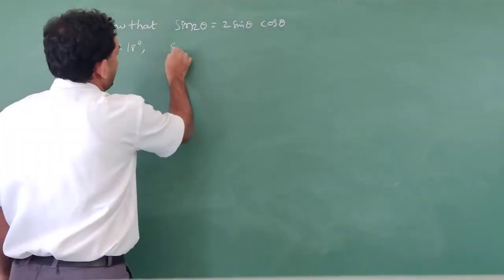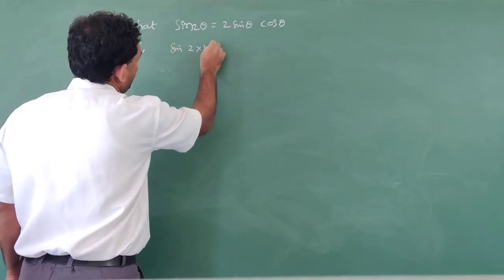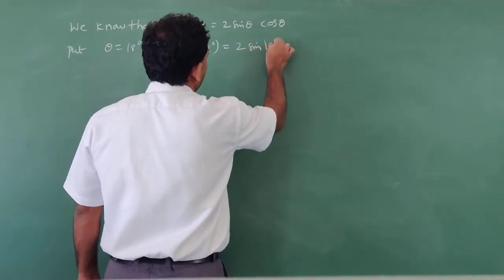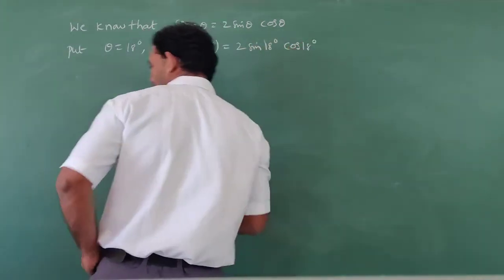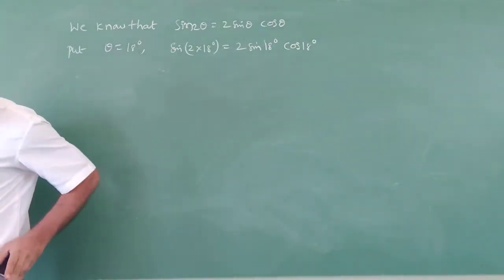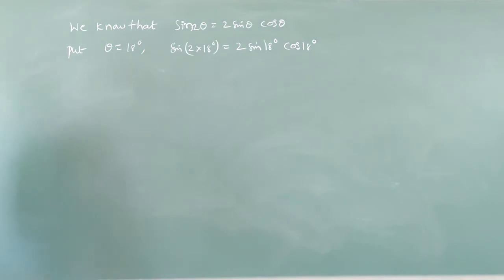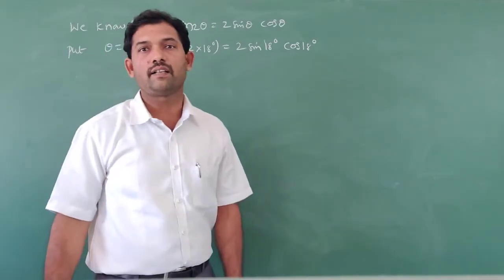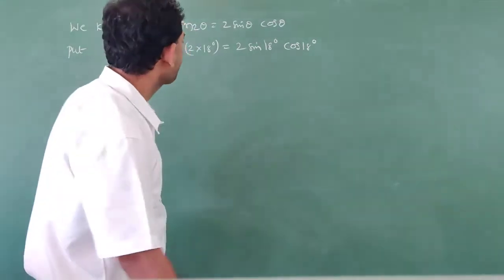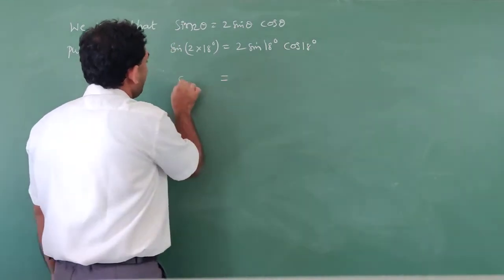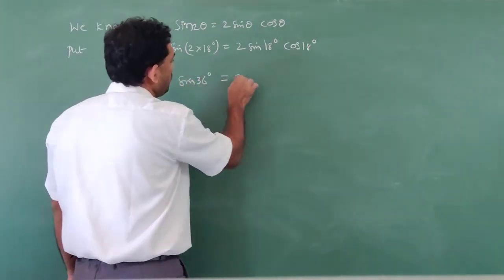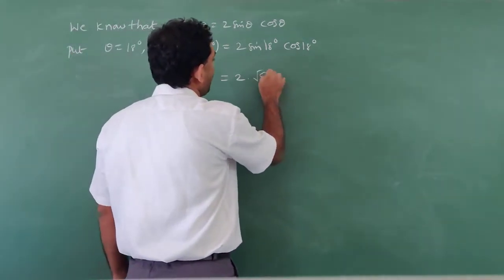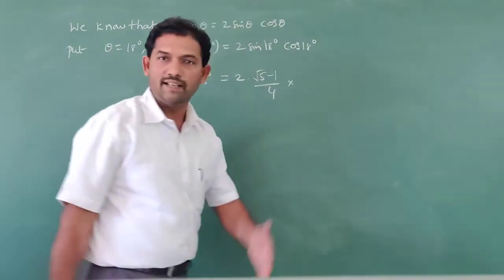So sin 2 into 18 degrees equal to 2 sin 18 degrees cos 18 degrees. Right? And now sin 36 degrees: sin 18 degrees is already simplified. How much? Root 5 minus 1 divided by 4 into cos 18, also simplified.